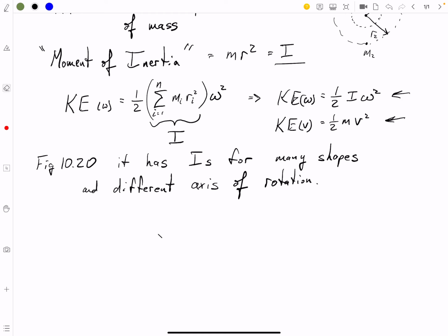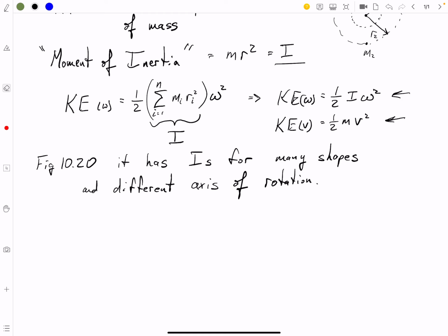So you can go to figure 10.20. Hold on, let me see if I've got it here. There it is, 10.20. And so, yes, we're probably going to talk about how to calculate one of those.